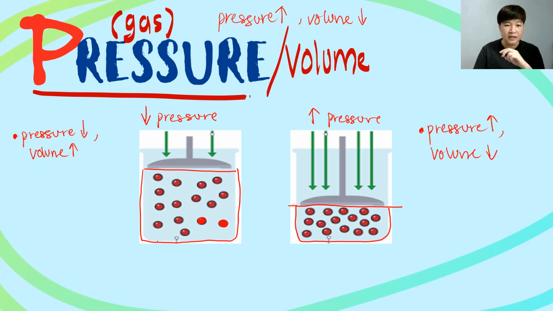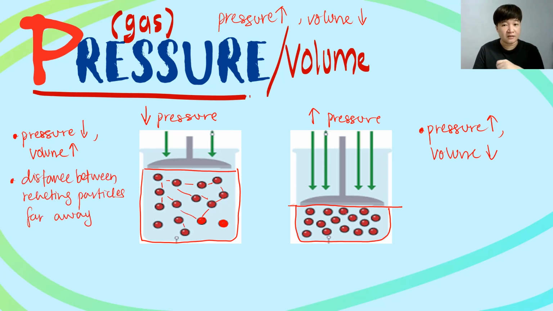You can see on the left-hand side beaker, the distance between each of the reacting particles is very far from each other. Vice versa, look at when the pressure is higher. When the pressure is very high, you press the pump down, you force all your reacting particles into a smaller volume. What happens when they're sitting in a smaller volume?